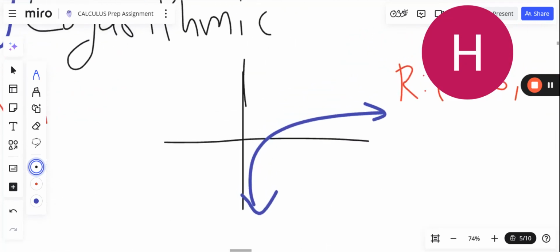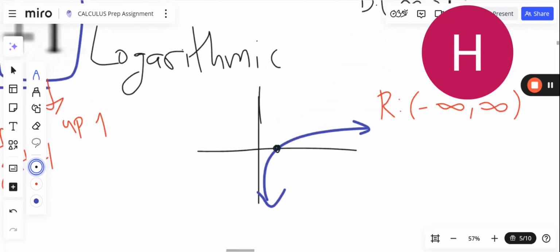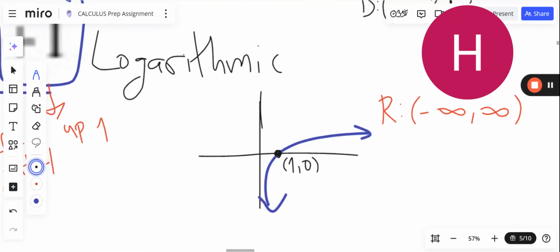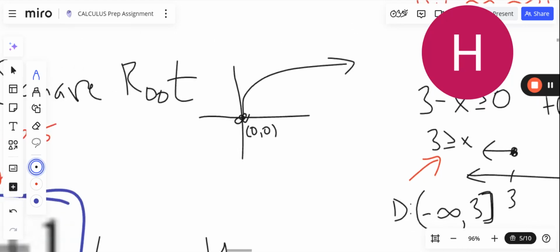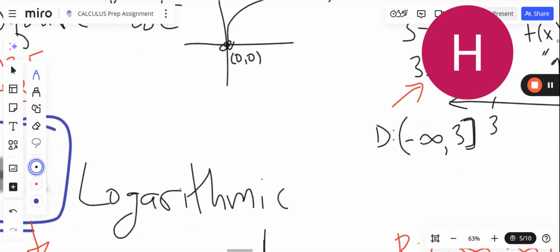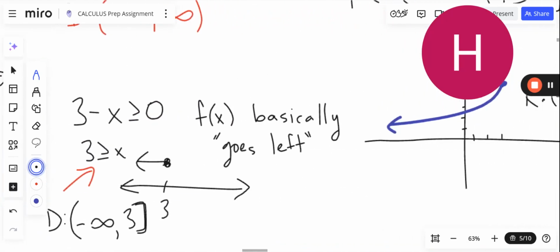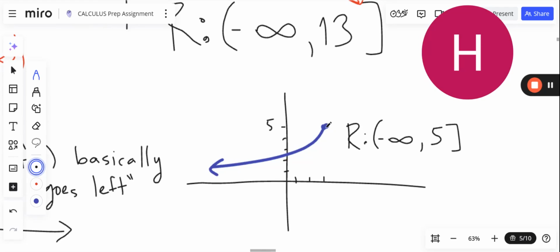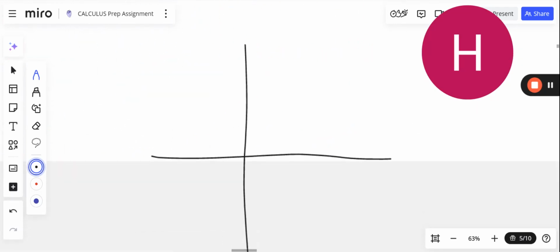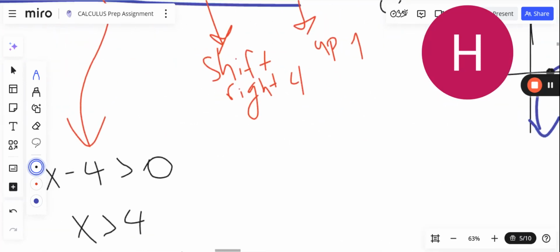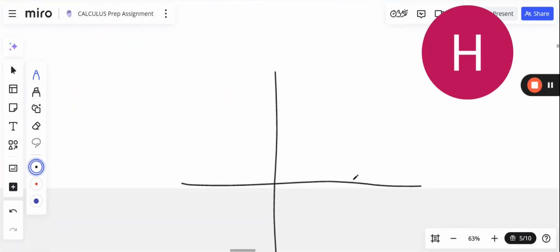So we might as well talk about the special point of a logarithm, the parent function of a logarithm. That special point is 1, 0. The special point for a square root, the normal vertex or starting point, if you want to call it that, is 0, 0. And then when we move things around like we did, it's going to start at a different spot. Our special point 1, 0 is going to get shifted 4 to the right and 1 up.